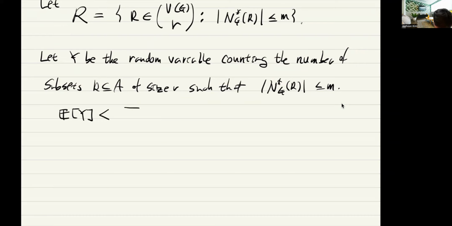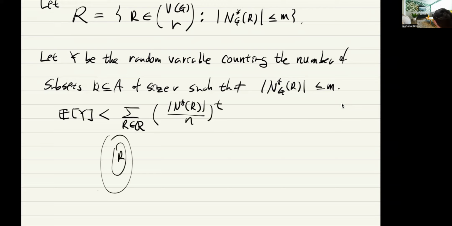For all such S of size r, the probability that each one of them is included in A is that R is inside of A if and only if all the B1 to BT are inside of the common neighborhood of them.